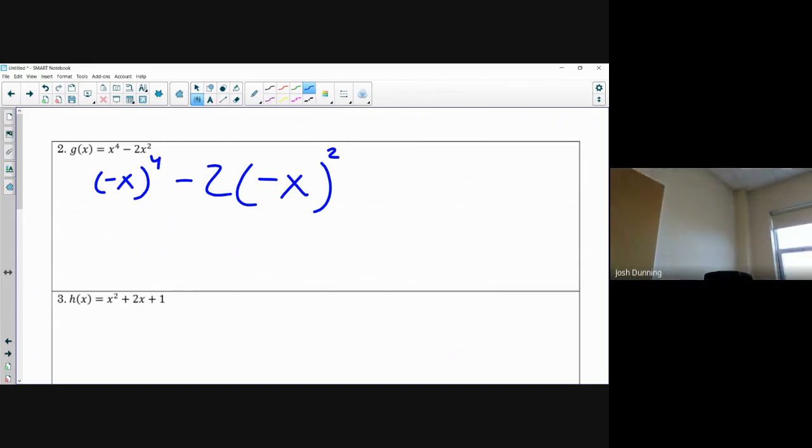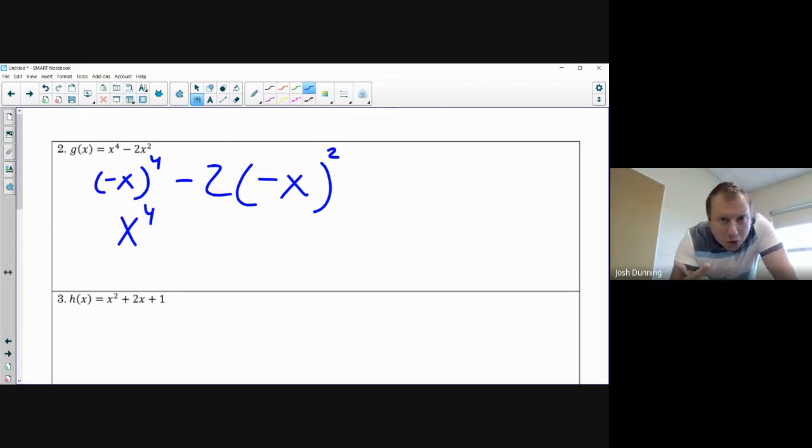Still x times x times x times x, x to the 4th. Negative x squared in parentheses. Negative times a negative, positive. So there is no double negative sticking out extra to change 2 to plus 2. It stays minus.